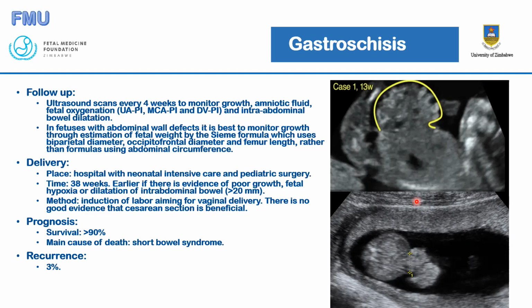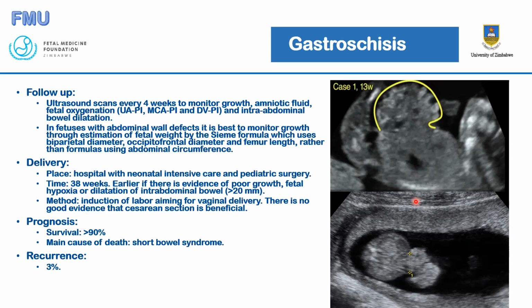Then delivery, again, at a place with neonatal intensive care and pediatric surgery. The timing is 38 weeks, or earlier if there's evidence of FGR or fetal hypoxia or dilatation of intra-abdominal bowel of greater than 20 millimeters. The fear is that if we keep those with the dilated bowel, those bowels may become dysfunctional through obstruction, and the baby may suffer from severe short bowel syndrome.